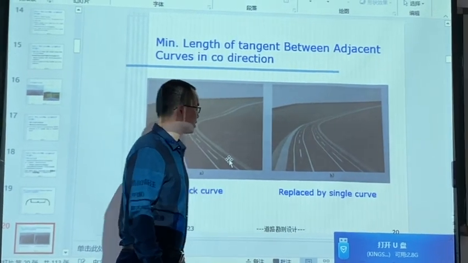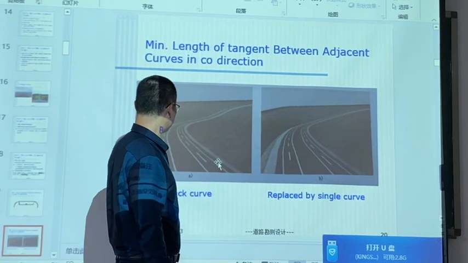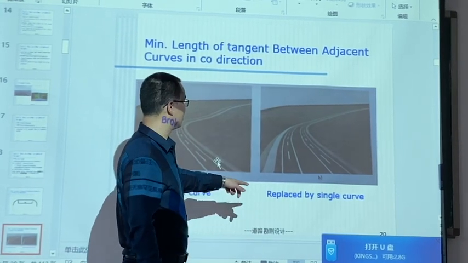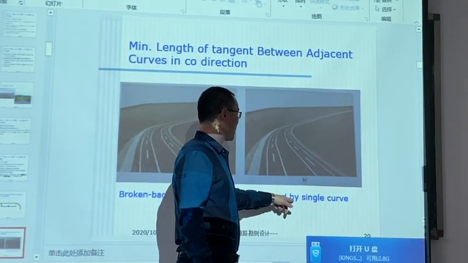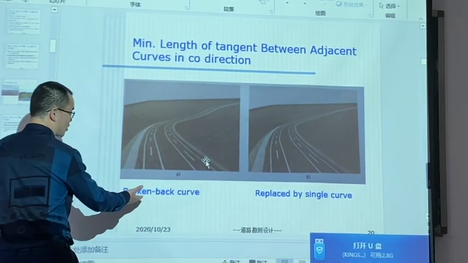So we can replace the broken back curve by a single curve. What's a broken back curve?